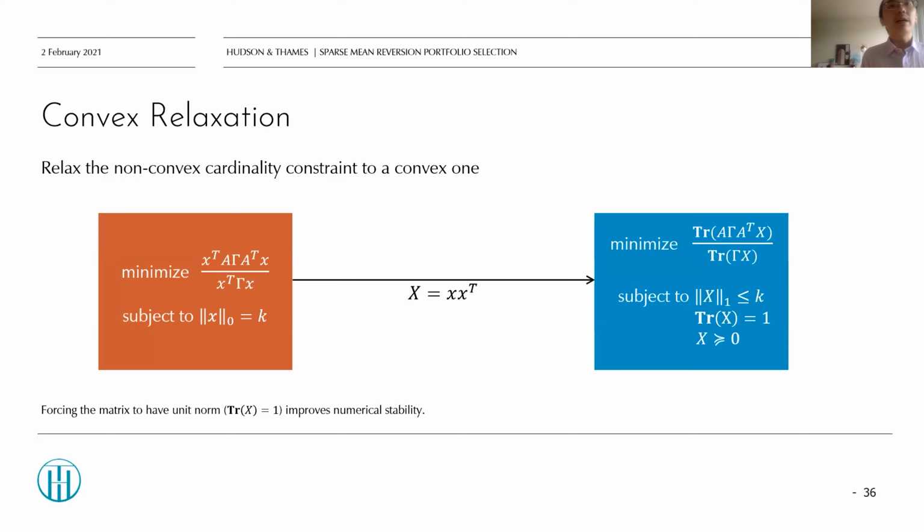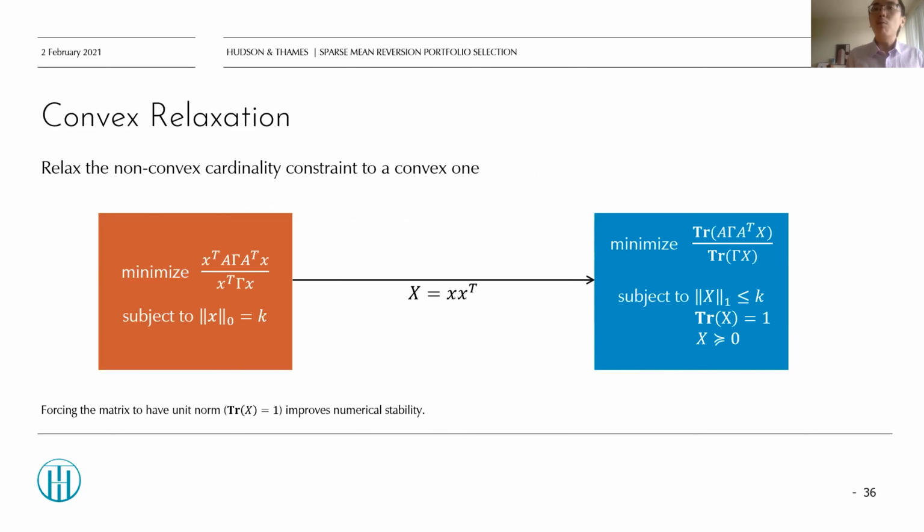So now we can reformulate our optimization problem into the following problem in the blue text box. Here we are trying to minimize the predictability, which is written in the trace form, under the L1 norm constraint. And we also added a unit norm constraint to improve the numerical stability of the solution.